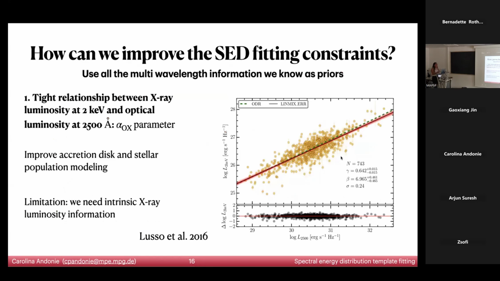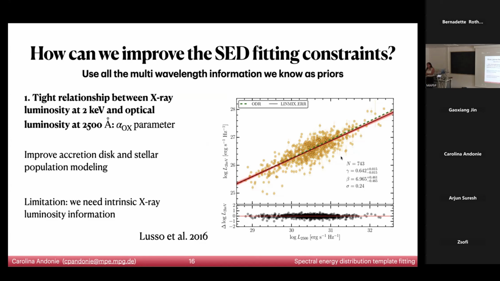Now, we can do things to improve the SED fitting process. And now with pretty much all the SED fitting codes, you can do this: use the multivariate information that we know of the sources as priors, right? So for example, if we are fitting a sample of X-ray sources, we know that there is a correlation between the intrinsic X-ray luminosity and the 2,500 Angstrom luminosity.